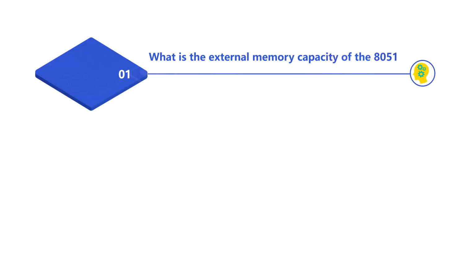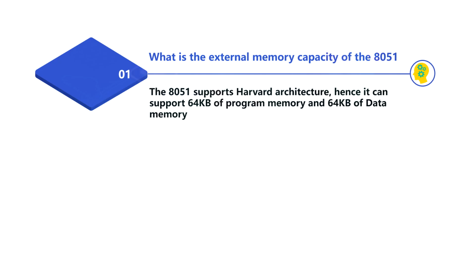Now we come to the external memory capacity of the 8051 microcontroller. You can see here the 8051 supports Harvard architecture. We have seen this architecture in the previous lecture. If you have not done it, you can go to the first lecture.